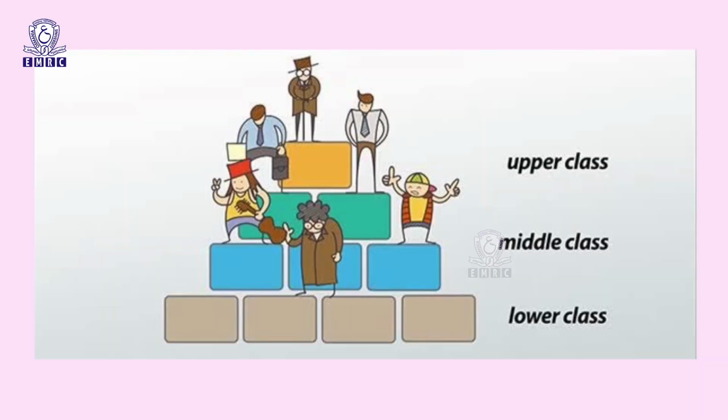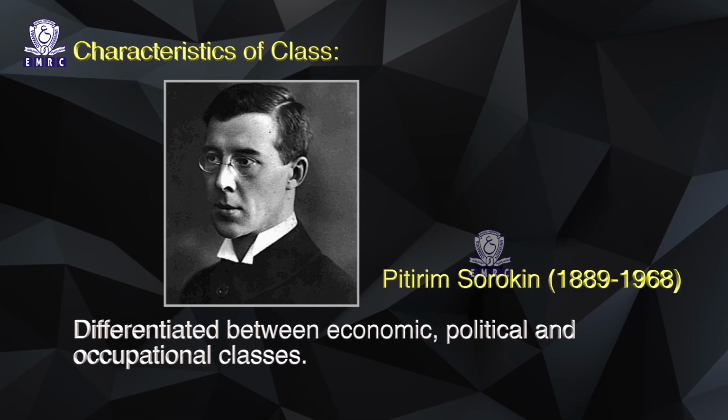Social class is an economic group which can be categorized into upper class, middle class and lower class. In fact, Sorokin has differentiated between economic, political and occupational classes also. There is a strong feeling of class consciousness, which is the sentiment that characterizes the relations of men towards the members of their own and other classes.